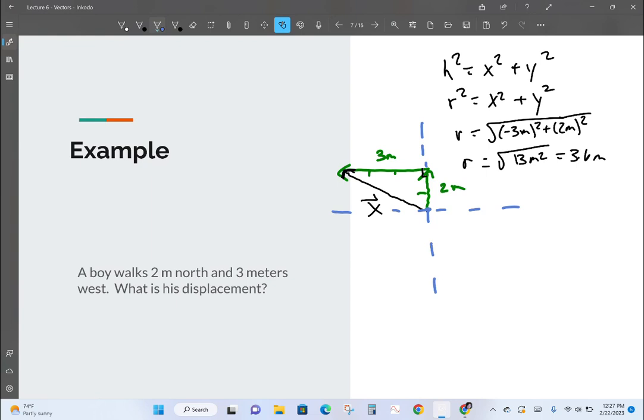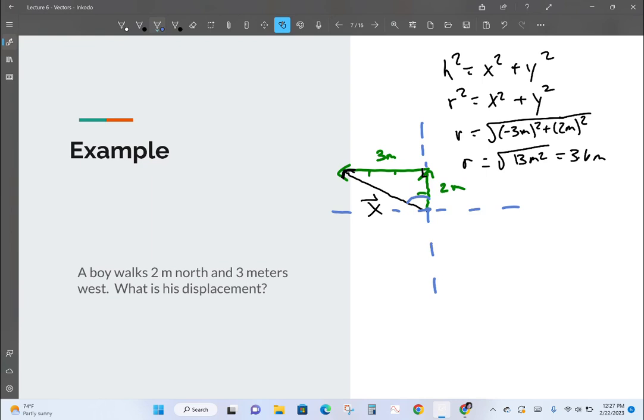So how could I describe this? Well, I could find this angle here if I wanted to. And if I did that, I would have to use one of my trig functions to find it. But I couldn't just say that I was 30 degrees away from where I started. I would need to be more specific. How would I describe this angle?